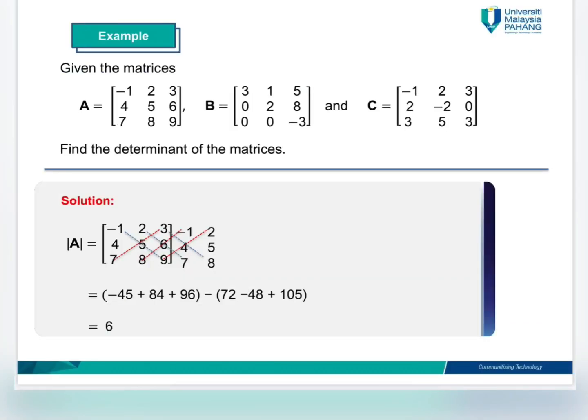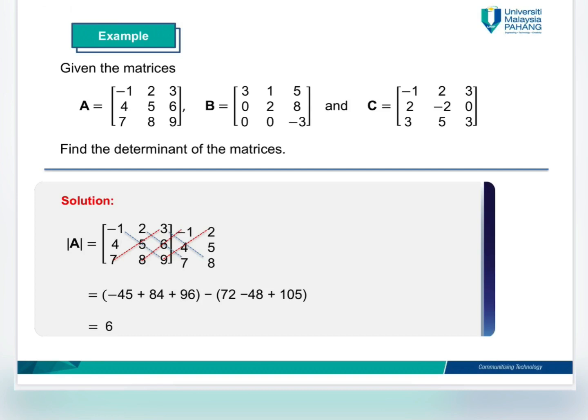Okay, let us do this example. Given the matrices A, the example has shown the matrices A. I will show you a matrices B and you will do matrices C by yourself. Given the example A, you have negative 1, 2, 3 in the first row, 5, 4, 6 in the second row, and 7, 8, 9 in the third row. Find the determinant of the matrix.